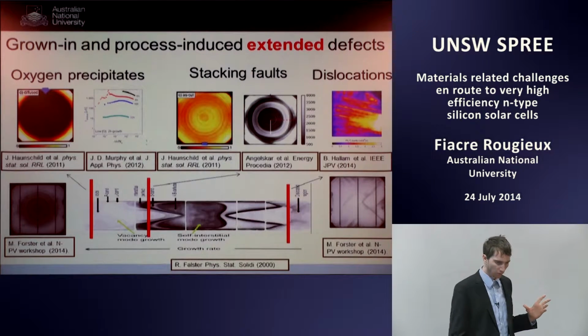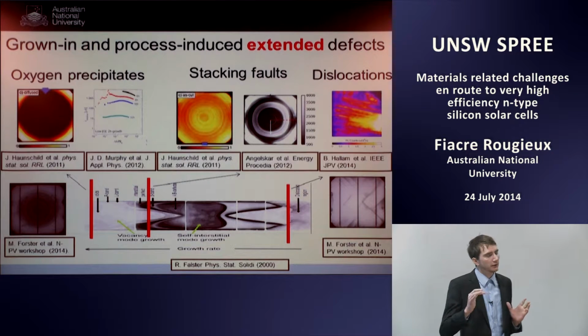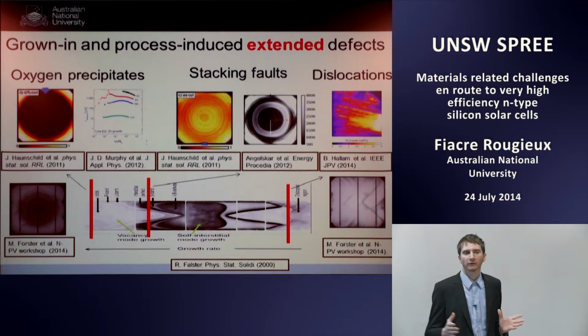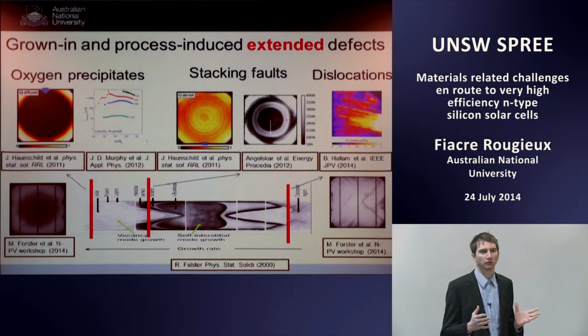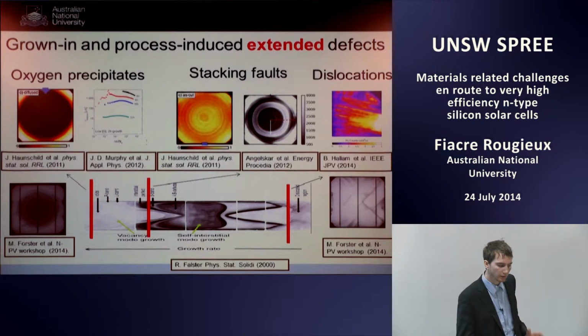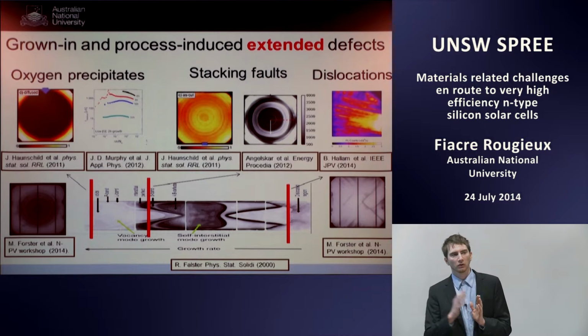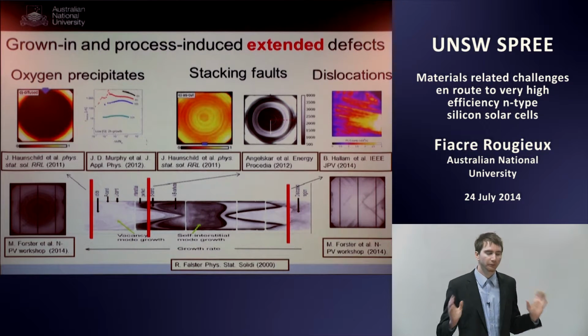But really, it is possible that if we tailor our growth process very well, we can potentially avoid generating all these extended defects. So if we're really in the sweet spot where we want to be, meaning not in the P band or L band, but really towards very low vacancy concentration, but not in the interstitial regime, we can potentially avoid all these extended defects and avoid their effect on the lifetime.